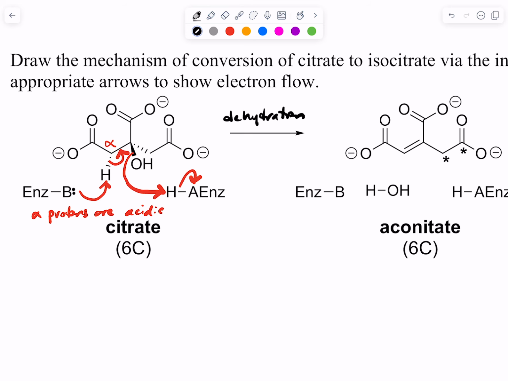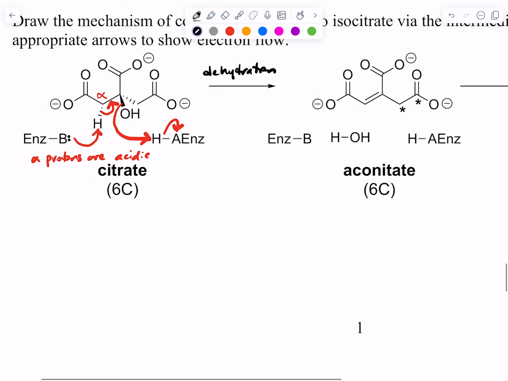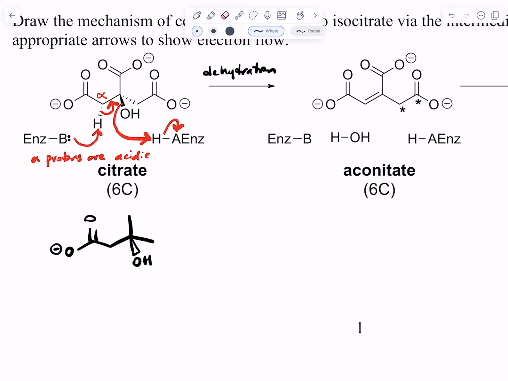If you wanted to do this stepwise, you certainly could. For example, if I just removed what I've highlighted as the red alpha proton, and then showed an intermediate, that intermediate would look like this. Negative charge on this carbon.